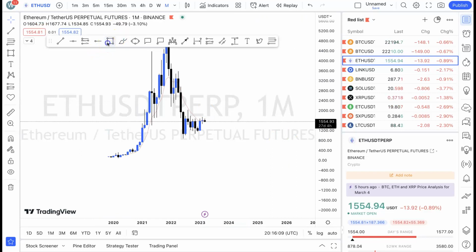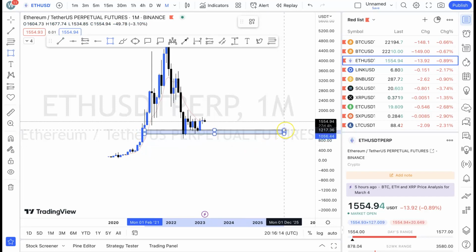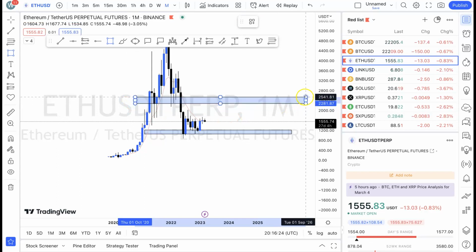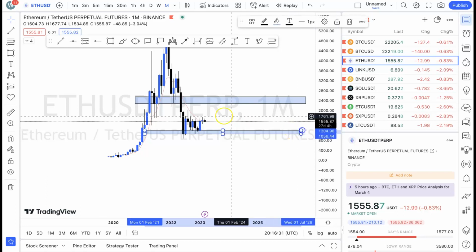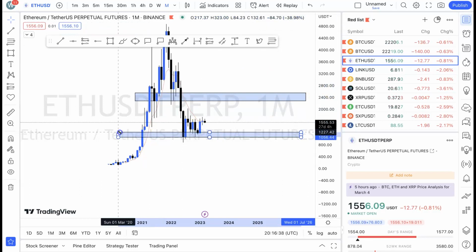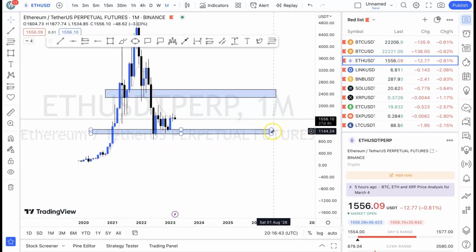Of course, we have a monthly support floor at around this level right there, and this is where you have your current monthly resistance. Of course, price is rejecting off this level. But on the monthly time frame, you have to mark up your charts such that it gives you the big picture of where price is likely heading to.